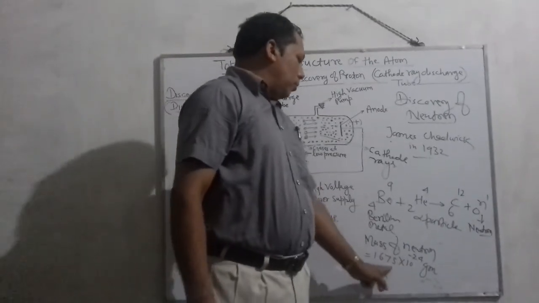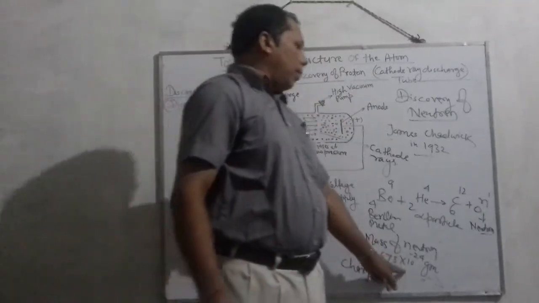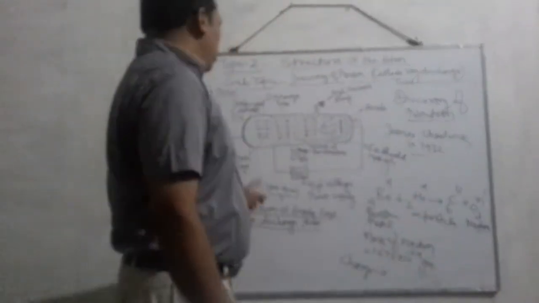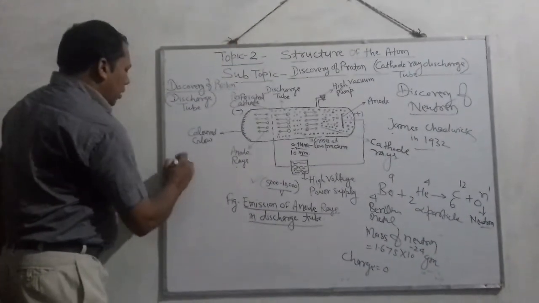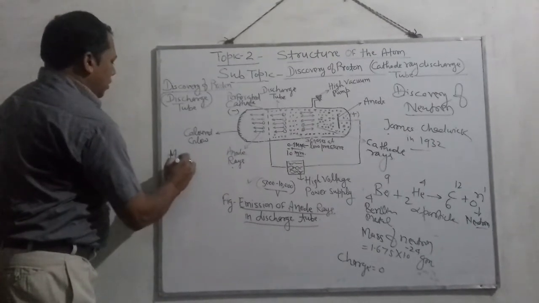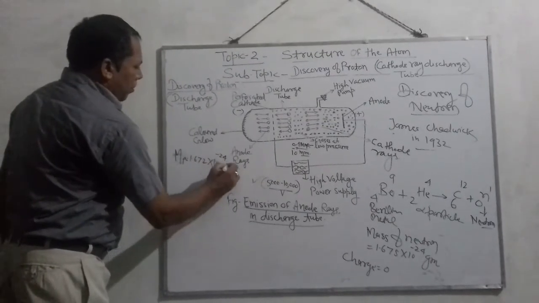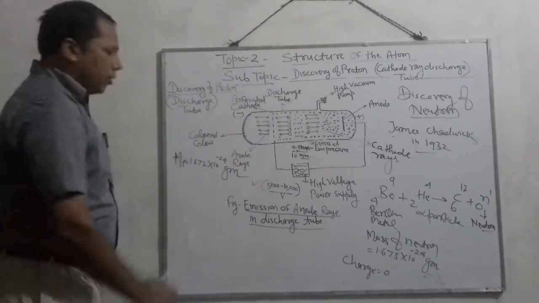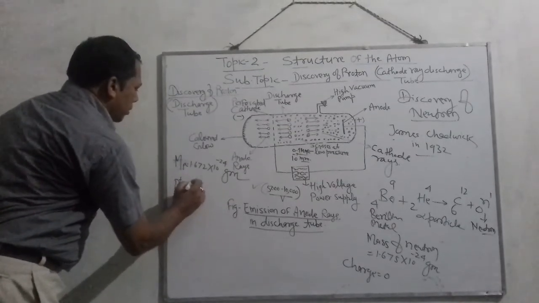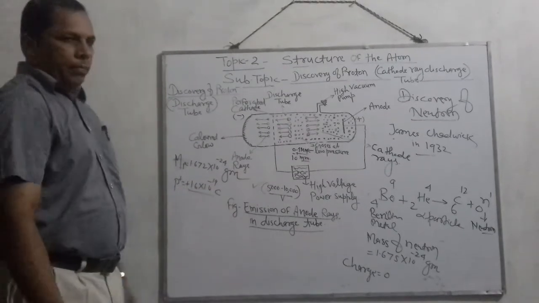As you know, the mass of the proton is 1.672 into 10 to the power minus 24 gram, and the charge on the proton is plus 1.6 into 10 to the power minus 19 coulomb.